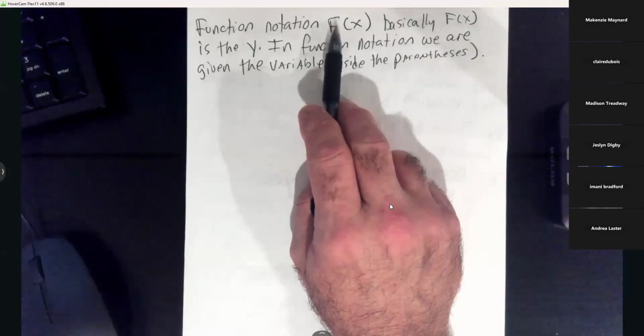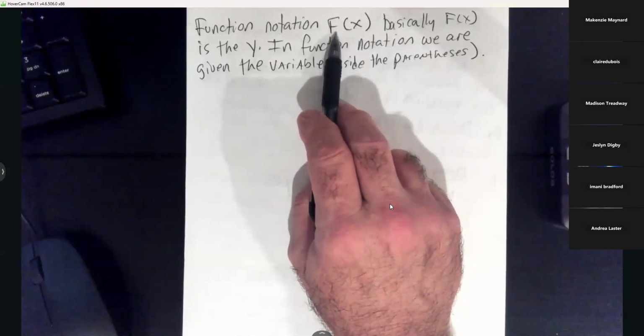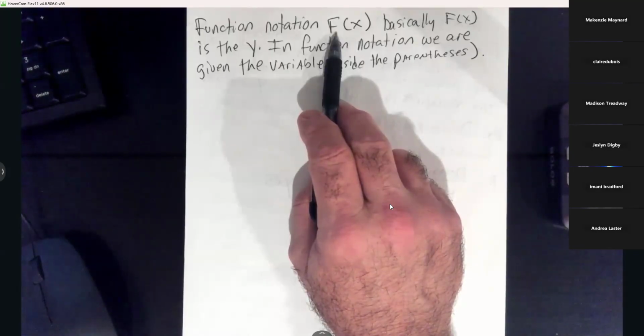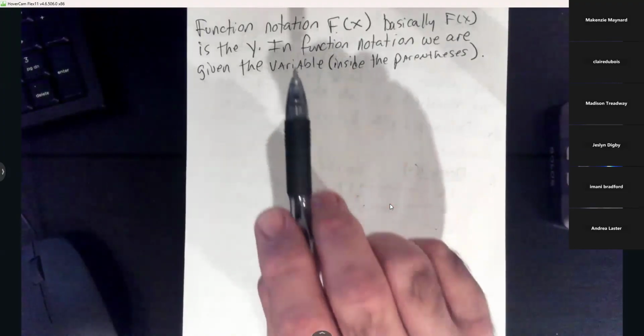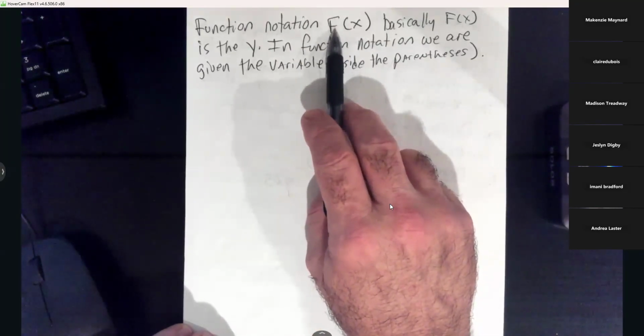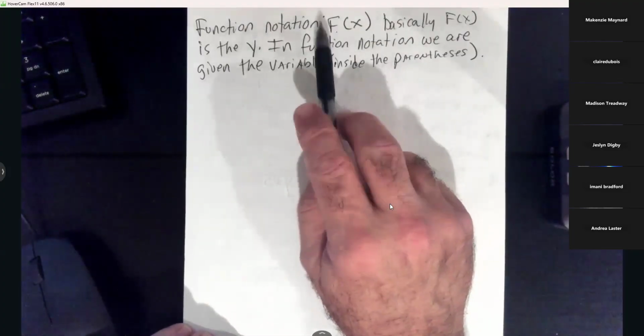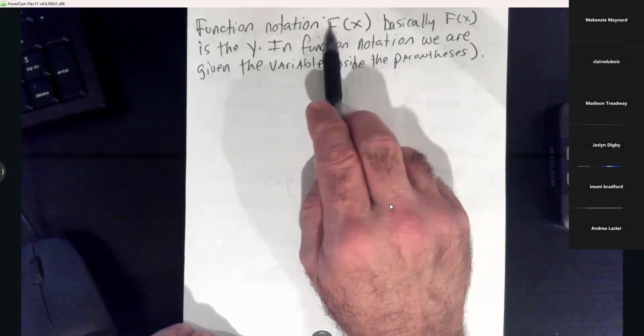Like in science, F would probably stand for force. You might have other formulas for, say, power might be a P, or acceleration might be an A. So in science, depending on what the formula is for would determine what this letter might be.